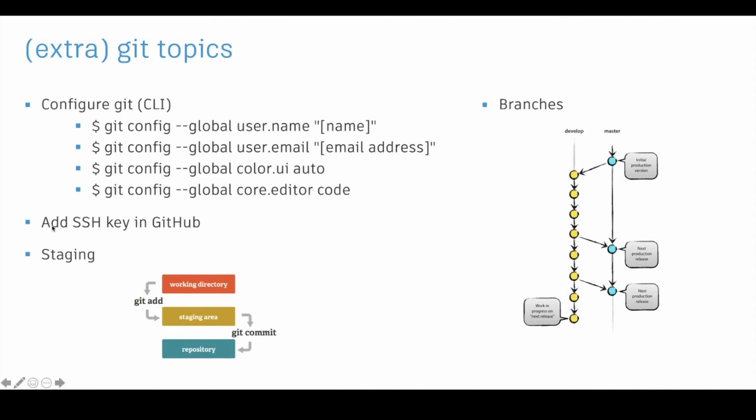Also, you will need to add the SSH key to your GitHub account from your working directory. And it's important to mention that you have to be aware of a process that we have not been talking about, the staging area.